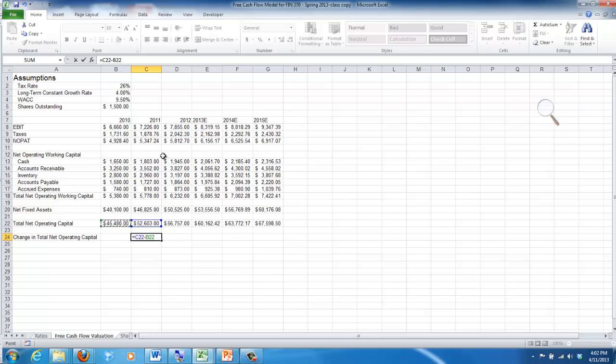That matches up with our net operating profit after tax in 2011. So we have our income, our cash flows from our operations, less taxes, and then we subtract out our dollar investment to generate those profits, and that gives us our free cash flows to the firm.